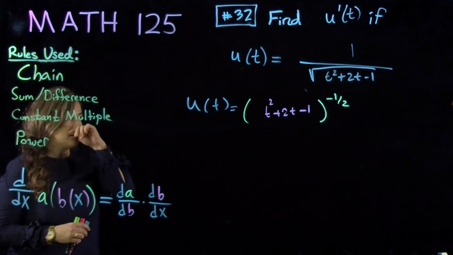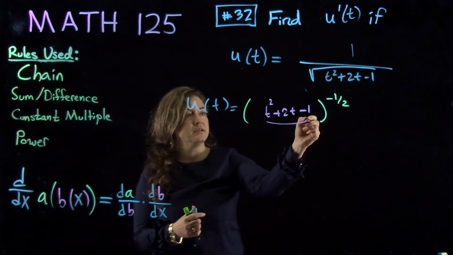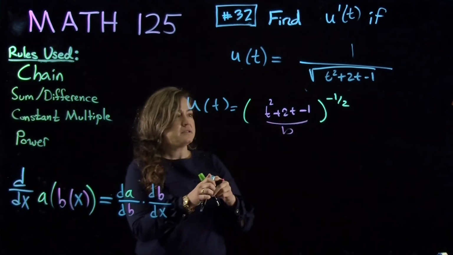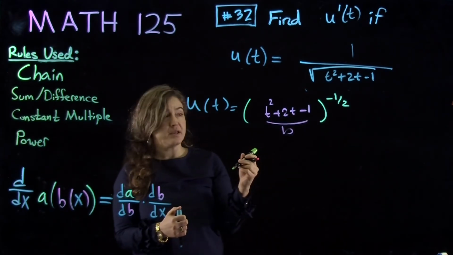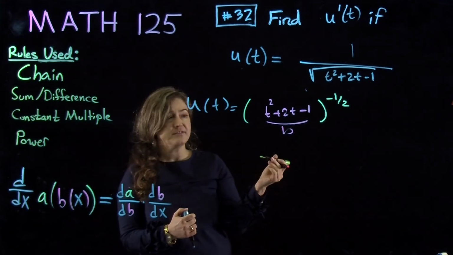In here, the inner is going to be b. The outer is just b to power negative 1/2.